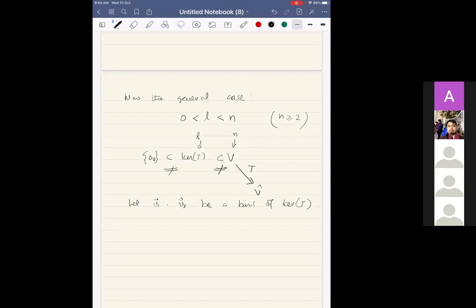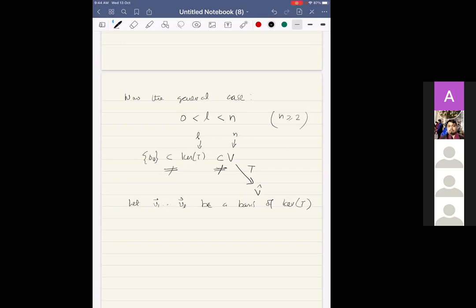So that means what? It is a set of vectors which is linearly independent and generates the kernel. Since it's a linearly independent subset of vectors in the kernel, it is a linearly independent set of vectors in the bigger vector space V. Because if there was a non-trivial relation between these vectors in V, that would hold if I think of these as vectors in the subspace.